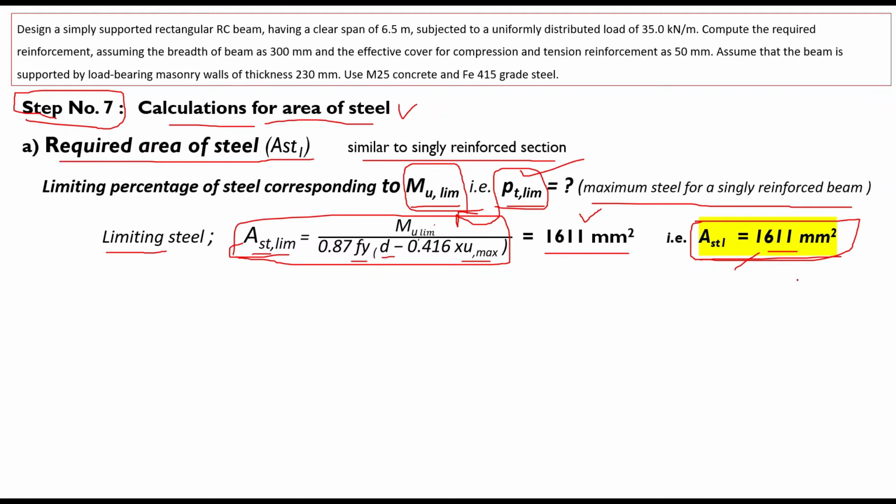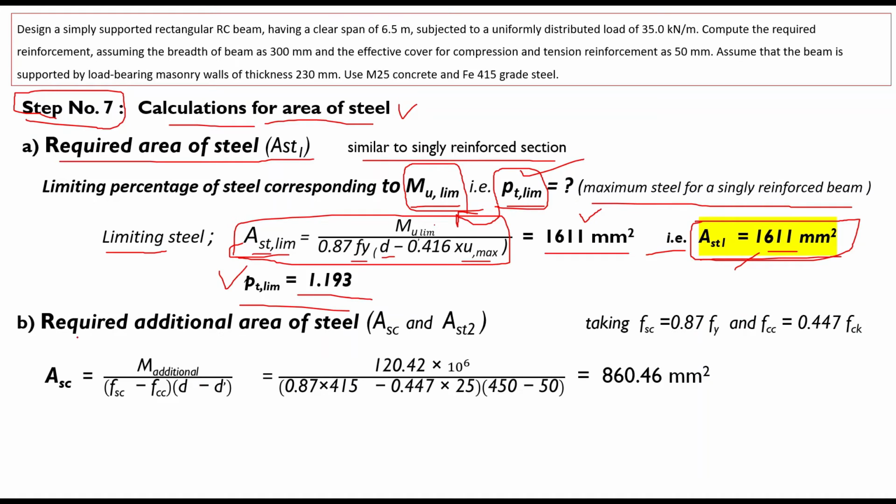This much area you can provide as a singly reinforced section, and beyond this you have to find the area of steel to be provided in the compression zone. When we calculate from this area, PT limited, that means the percentage of tensile steel limited, comes out to be 1.193.